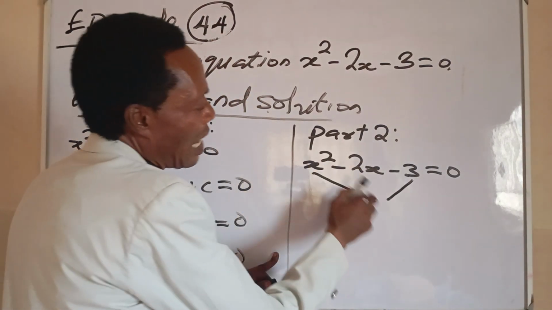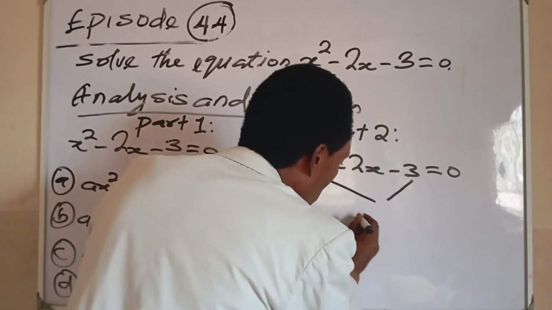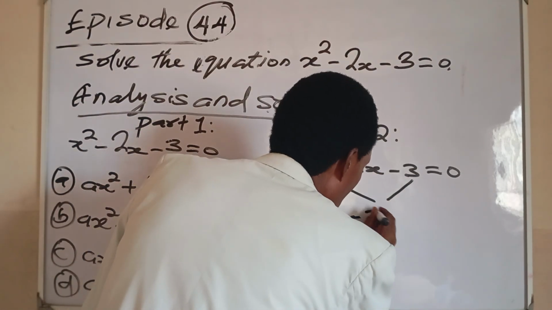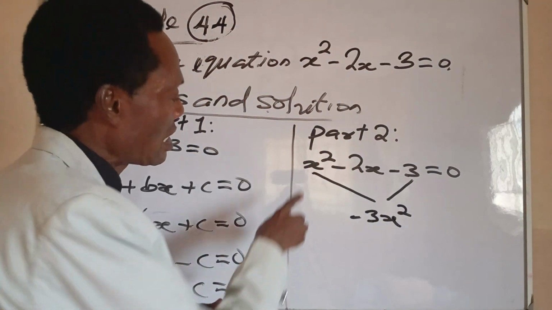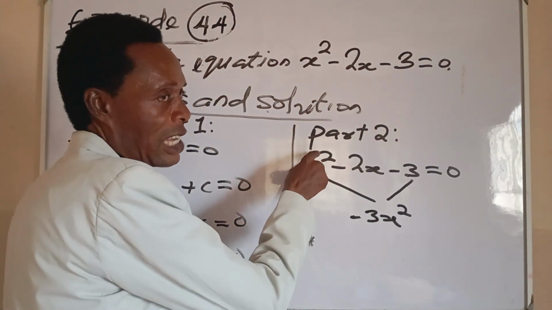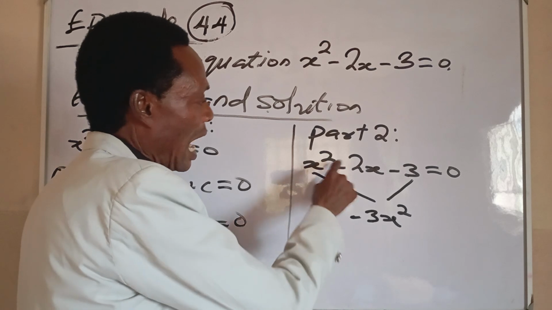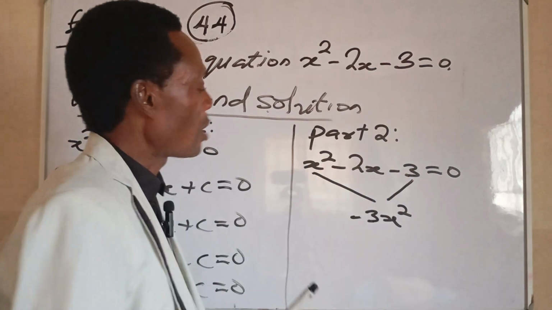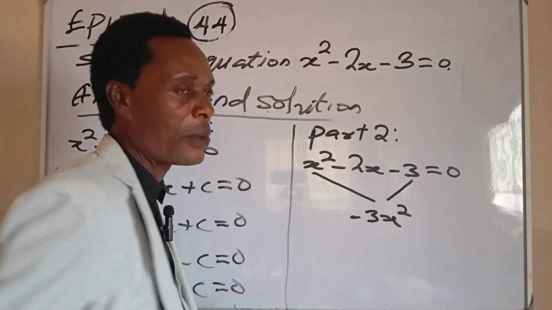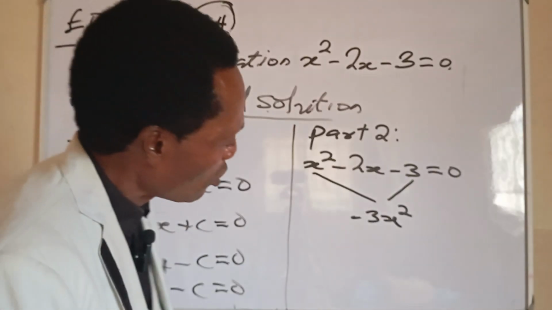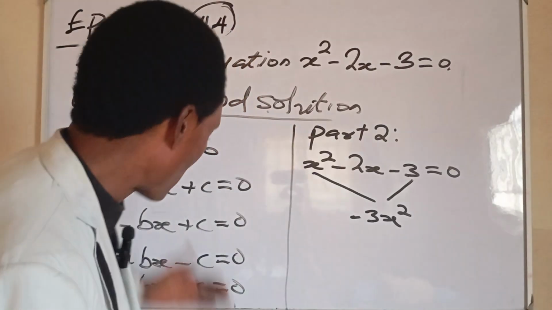S squared times minus 3 will give you minus 3s squared. What I have just done is this: I said s squared, which is the first term, times minus 3, and you know that this is a negative 3. So that gave me minus 3s squared.